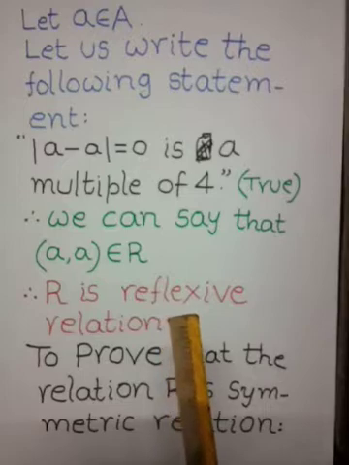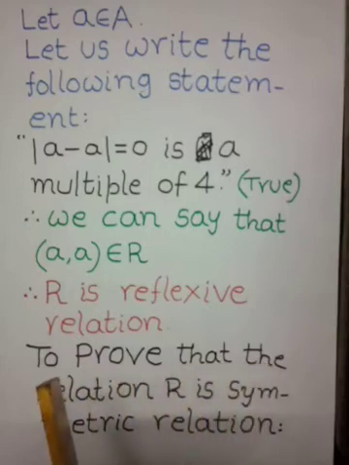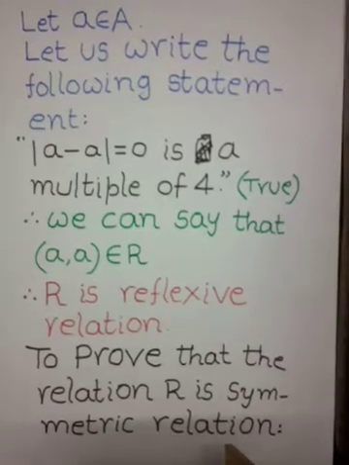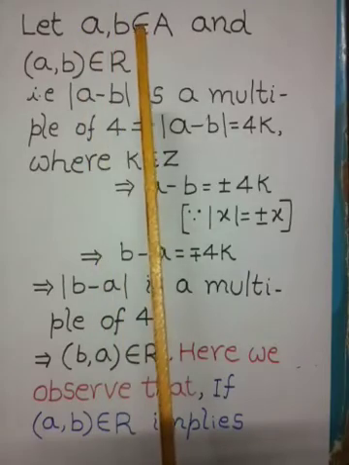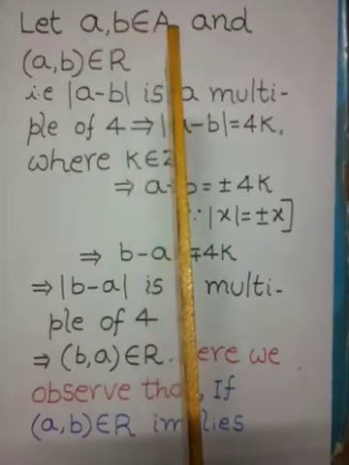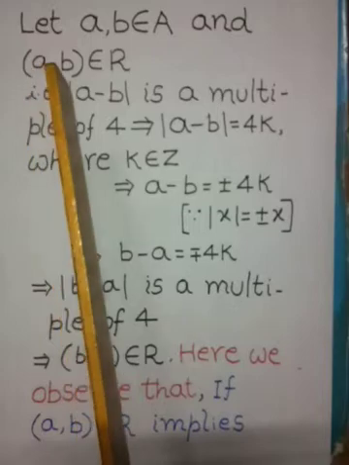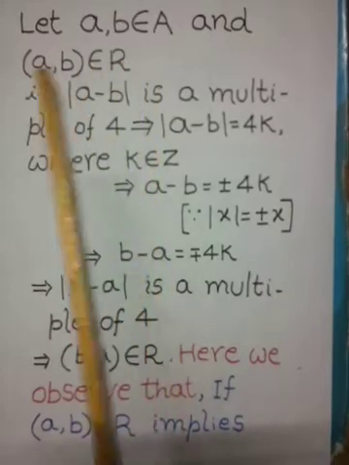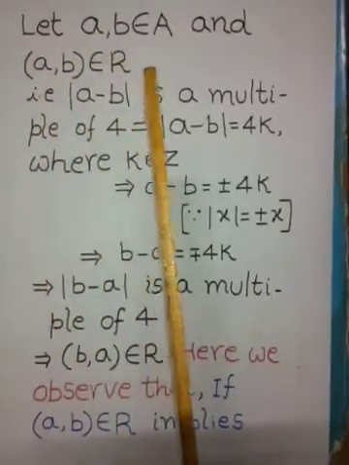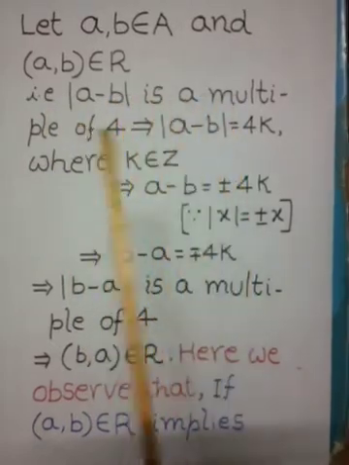Understood, my dear children? Now we are going to prove that the relation R is a symmetric relation. Let us take any two elements, namely a, b belongs to A, and assume that the ordered pair (a, b) belongs to R. It means the elements a and b satisfy the given relation: modulus of a minus b is a multiple of 4.